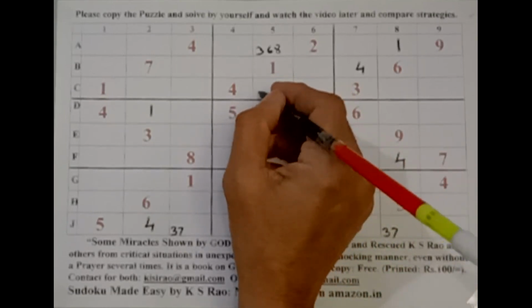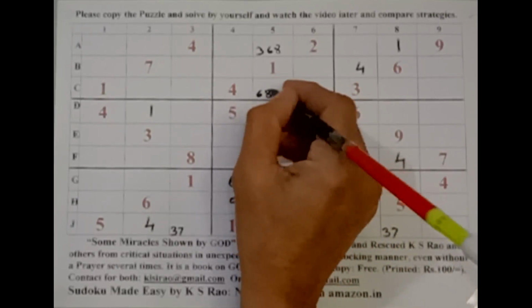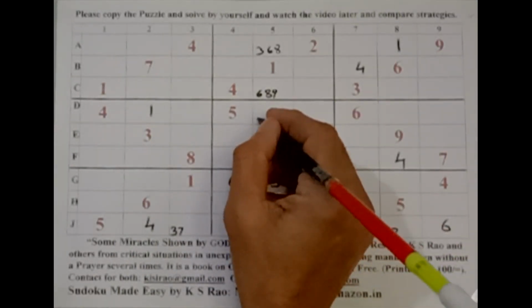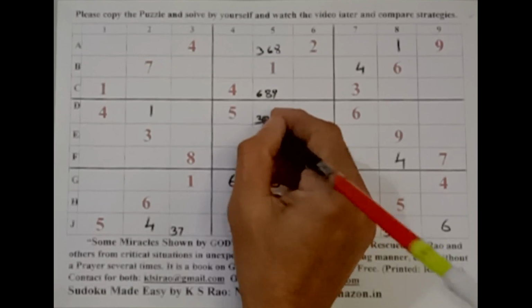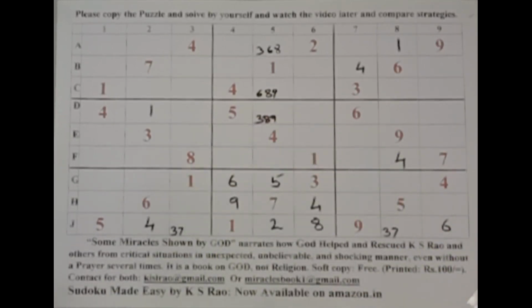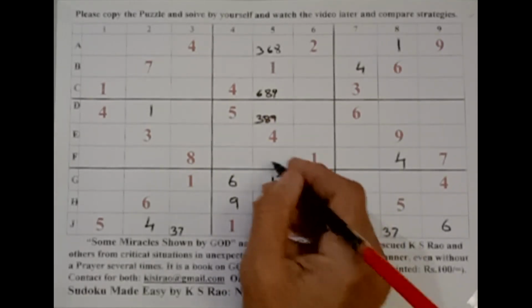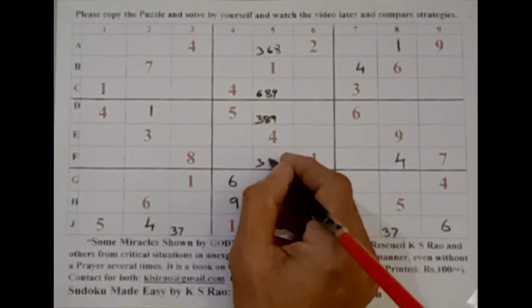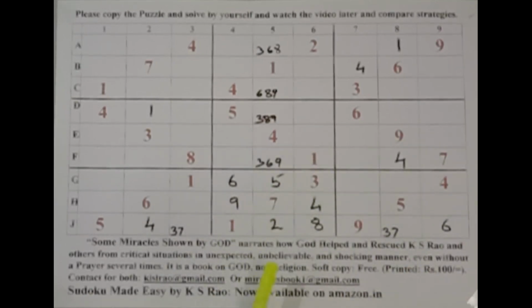So we have to write 6, 8 and 9. Here we have just 6 only. So 3, 8 and 9 here. Here, 8 is there. So 3, 6 and 9. Okay.